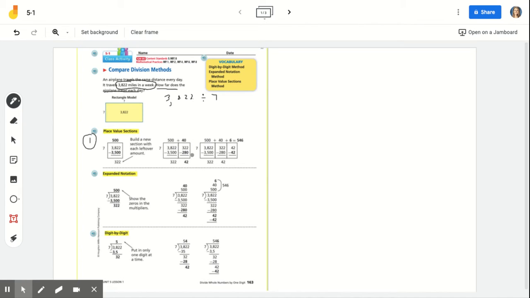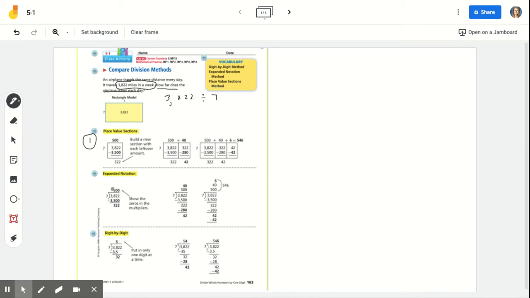And then they continued on adding on boxes. So they kept on putting what we can call partial quotients at the top, then multiplying, then subtracting, then getting an answer, bringing the answer over into a new box, dividing, multiplying, subtracting, and then they arrived at the answer of 546. We'll get some practice in with that.